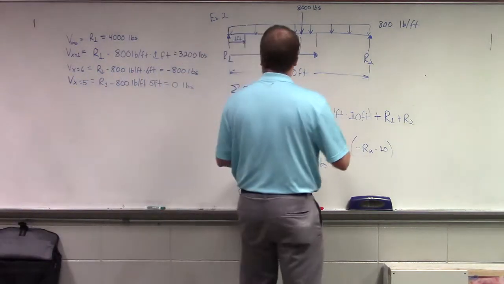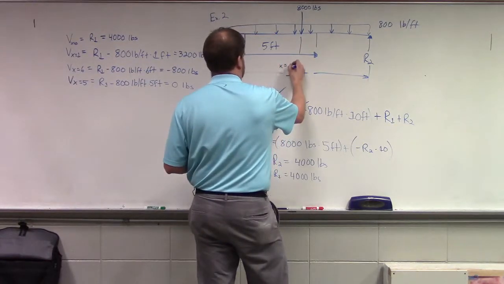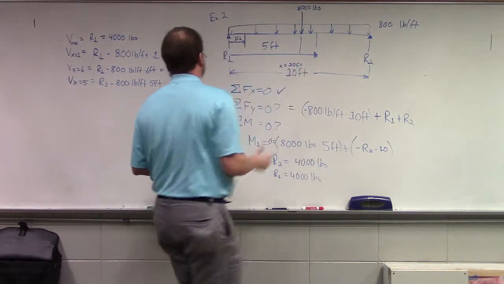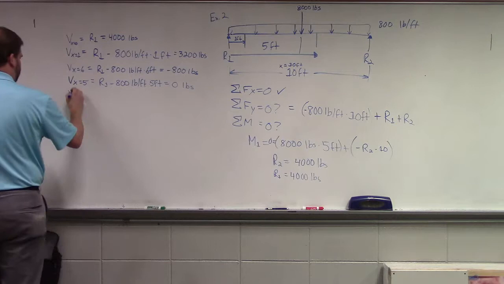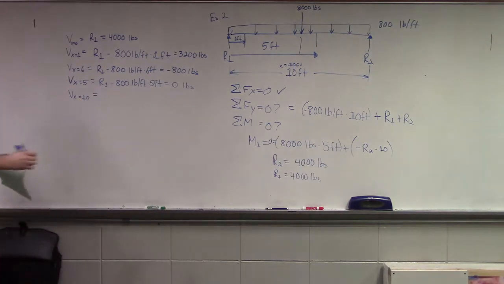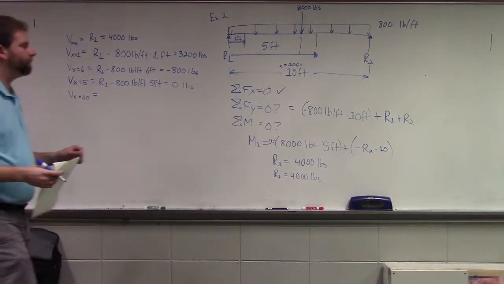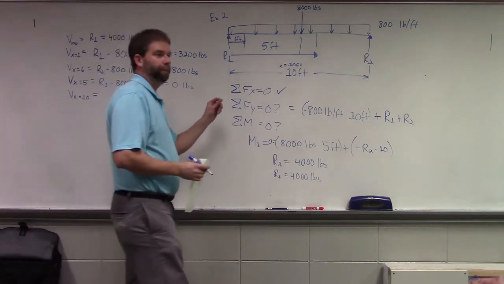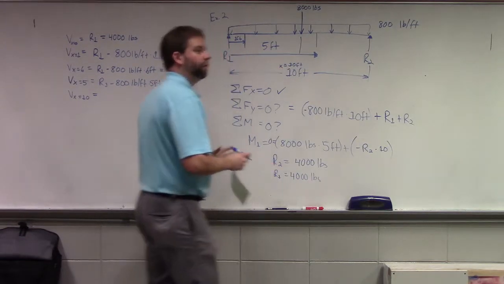Last, let's look at x equals 10 feet. What is happening there? You're having the whole 8,000 pounds, R1 minus 800 times 10.